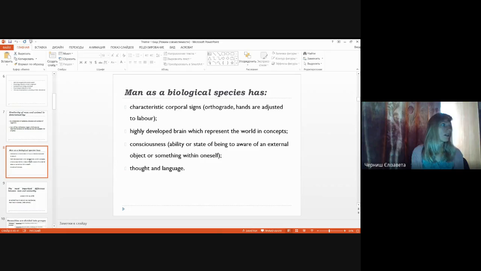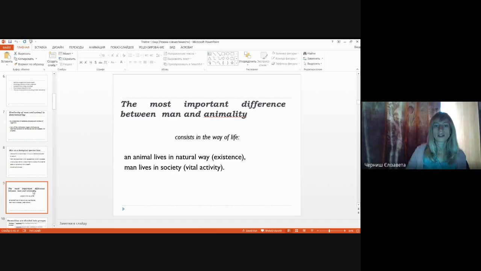So we have some very important definitions that can help in our life. And the most important difference between man and animals consists in the way of life.